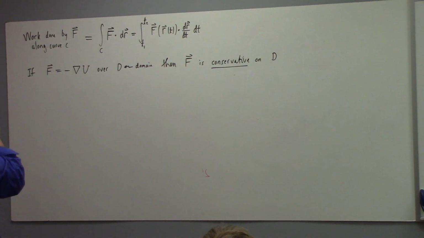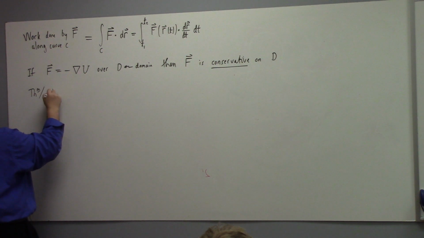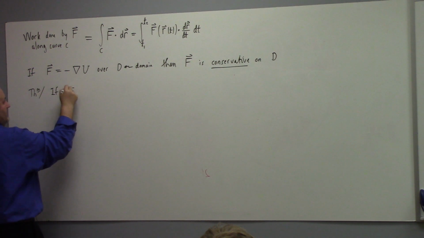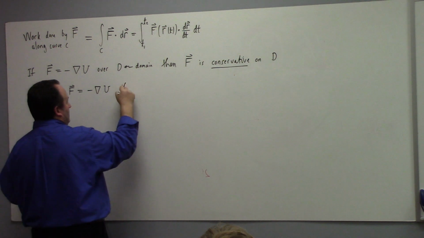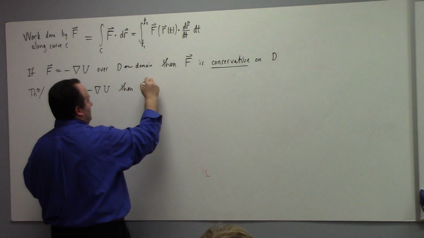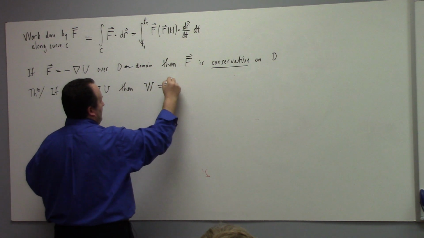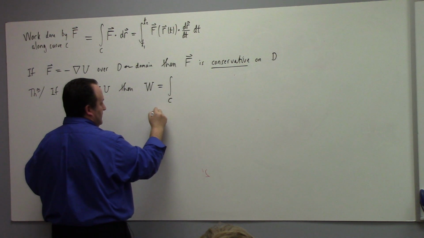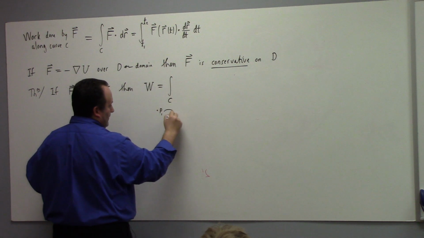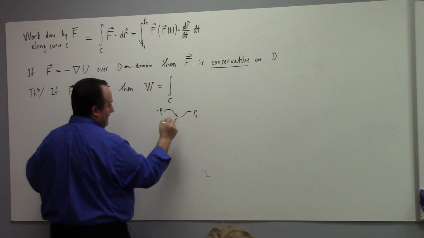So the theorem that I had was that if F is equal to minus the gradient of the potential energy function, then I calculate the work done by such a force on a curve that goes from point P1 over here to point P2. So this is my curve.